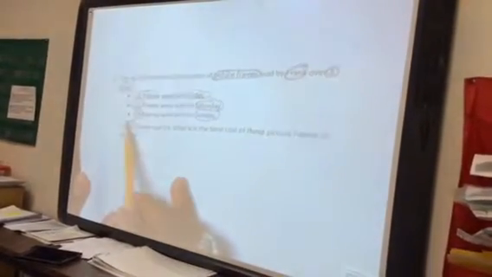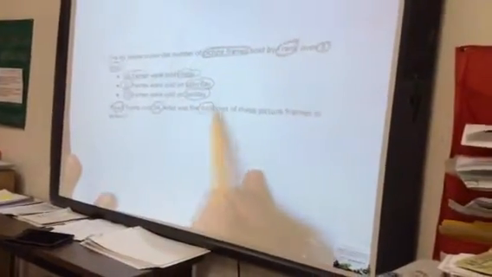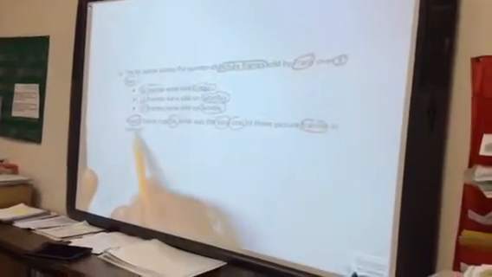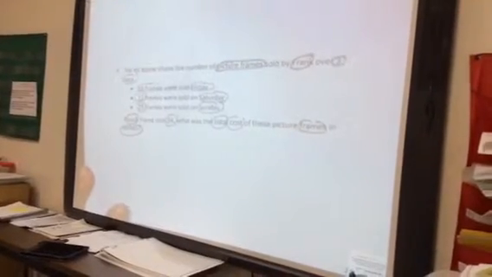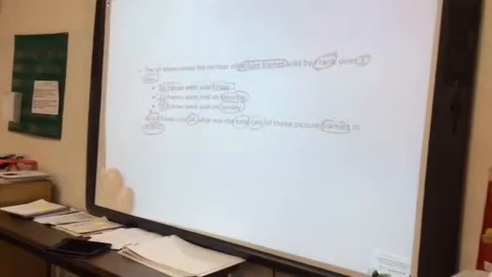If each frame costs $4, what was the total cost of the picture frames in dollars? And we know when we see the word each, there's probably going to be what involved? Multiplication. Let's go ahead and put our sign there.